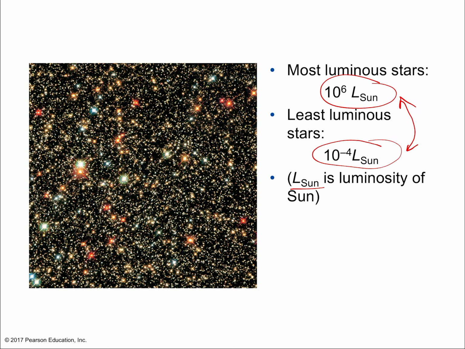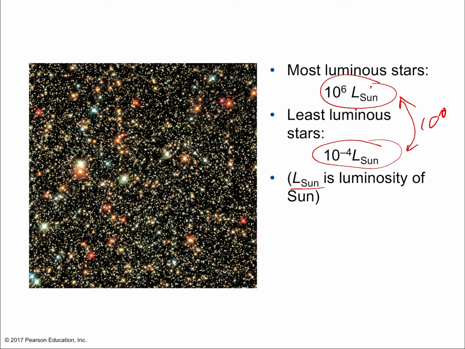That means we're talking about stars that are 1 million times brighter and 10,000 times less bright. So the difference between the two is 10 to the 10. Excuse me, that's 10 billion, because a billion is 10 to the 9. So that's a 10 billion fold difference between the least bright stars and the brightest stars.